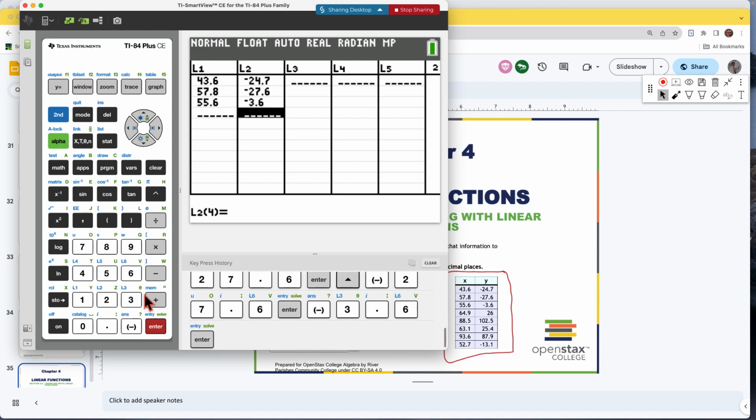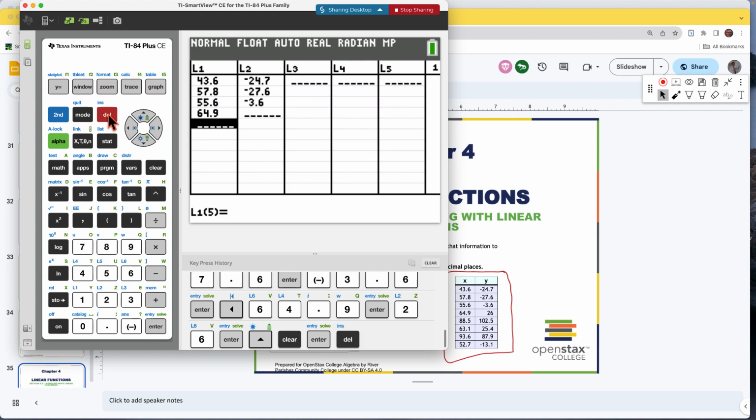Let me just do one more point. 64.9 and 26. Okay, and again, I'm almost there. Why not put them all in? Oops, that's not 26 there though. Let's clear that. Should delete it. 26 is over here.